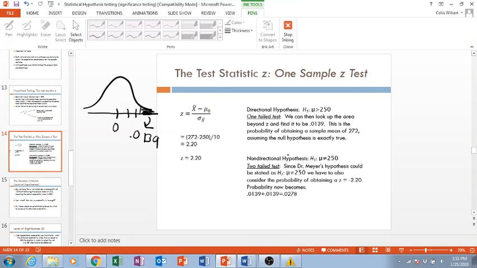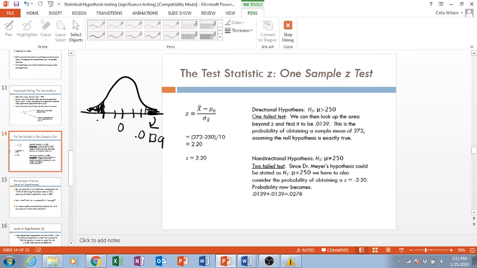But if he had a non-directional hypothesis where he said, you know what, it's not equal to 250, but I don't really know what direction it's going to be in, we have to think about our z value, and 2.2 is like right here. We have to think about it in terms of both tails because we're talking about probability in either direction.